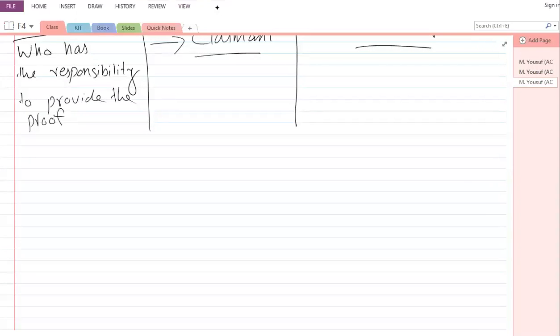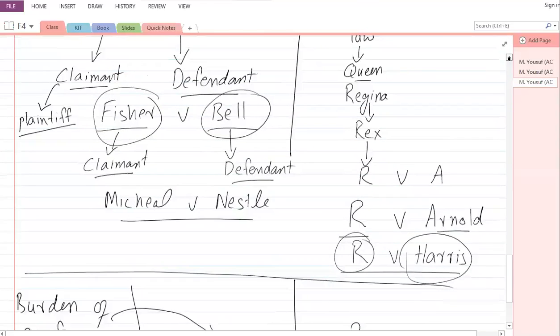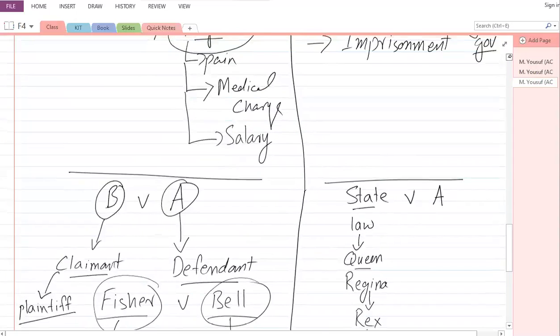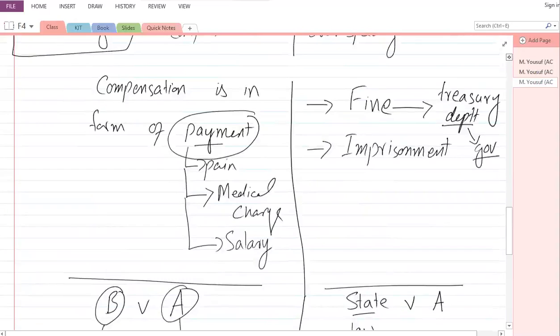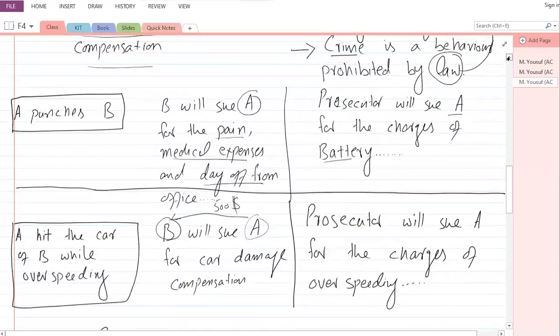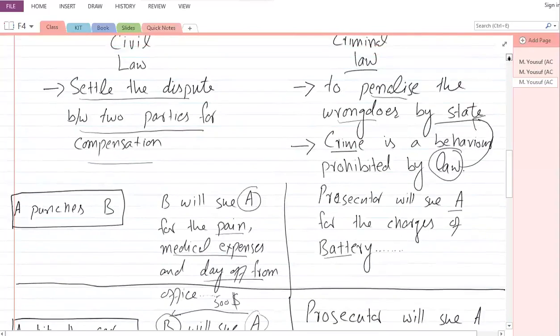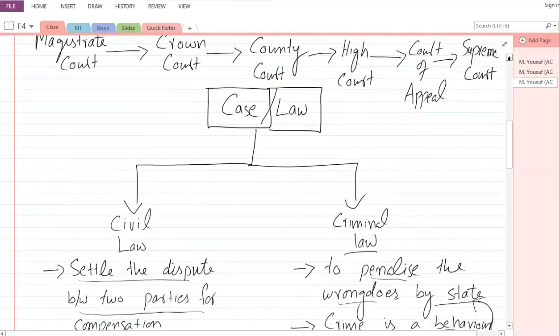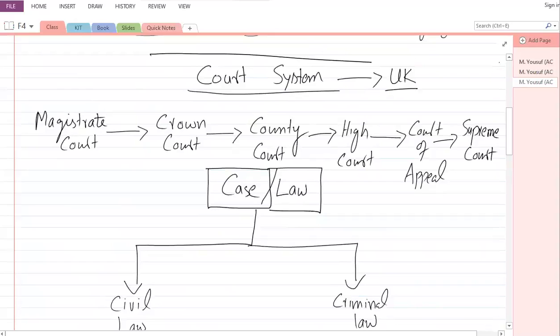So let's start our main topic of discussion for today, and that is the hierarchy of courts, meaning understanding the court system. We started today with the differentiation between civil law and criminal law, but our main topic is the court system.